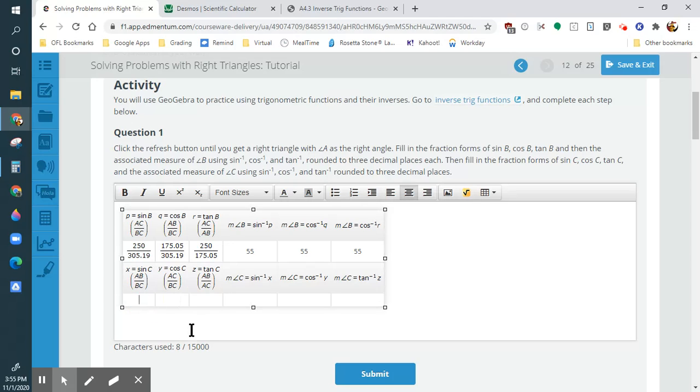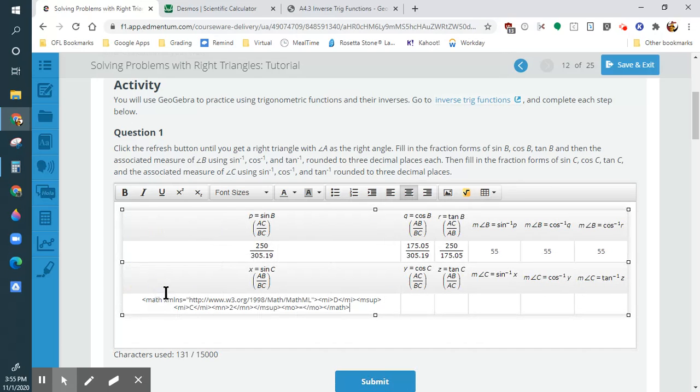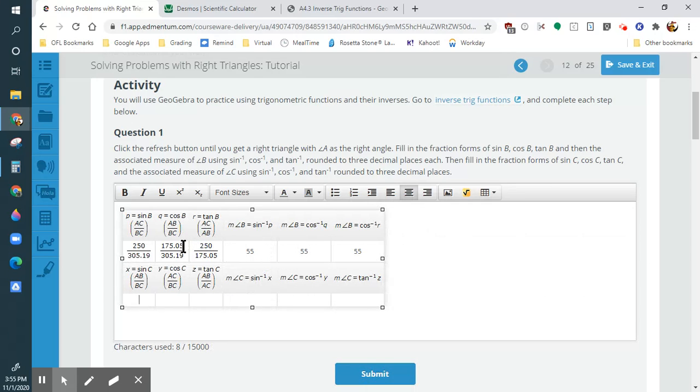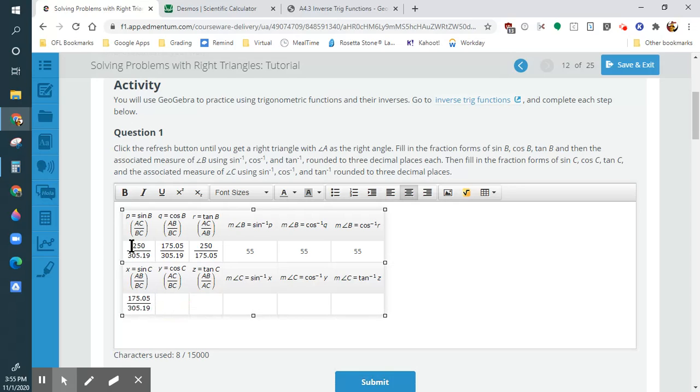Now we're going to try for angle C. In other words, we're doing AB over BC. You should remember this from the fact that they're complementary functions. Oops. Control C, Control V. Cool. Oh my gosh, why is it so hard to do this?